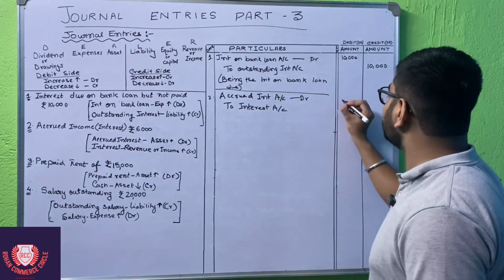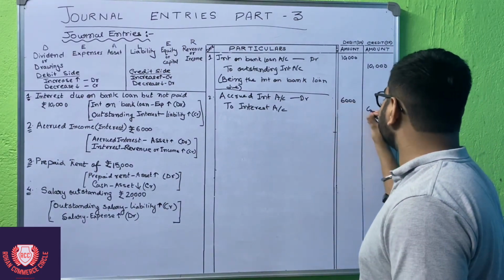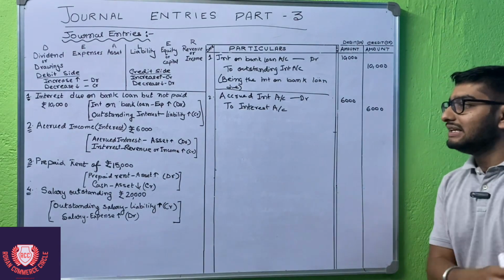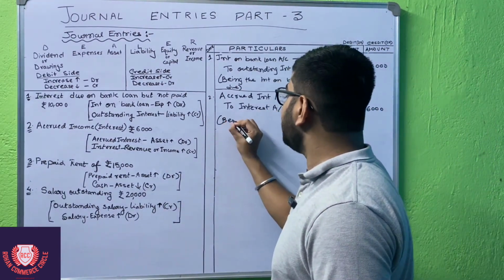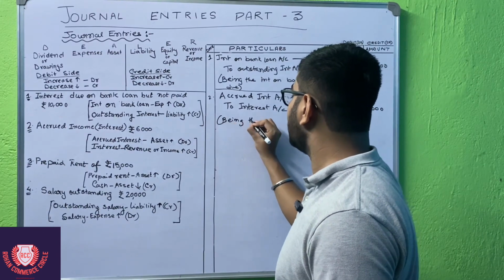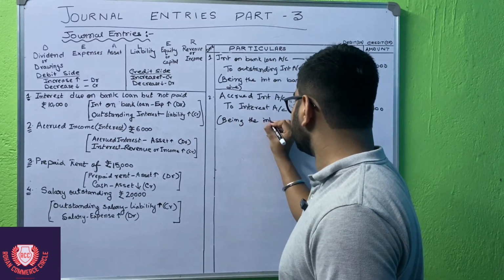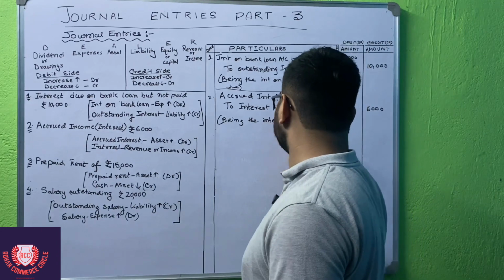How much was it? It was rupees 6,000. What will be the narration over here? The narration will be: being the interest accrued.